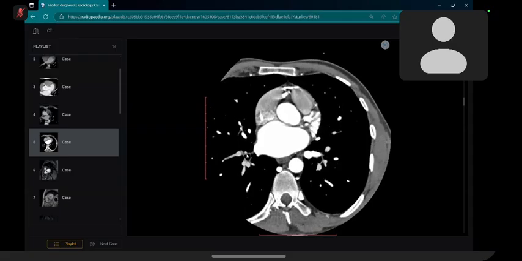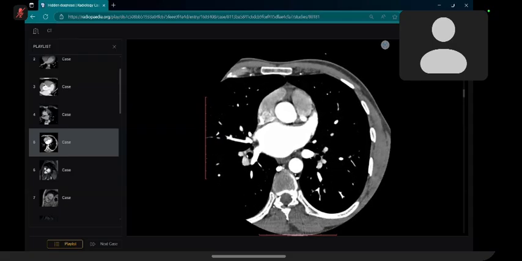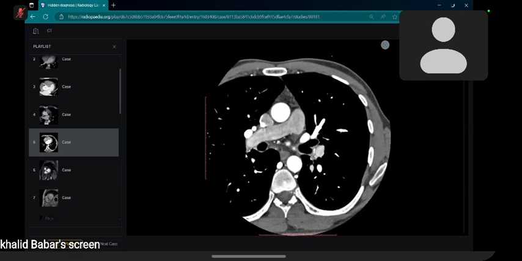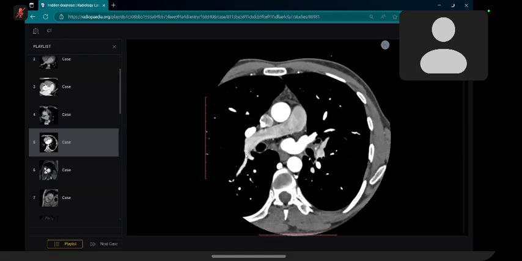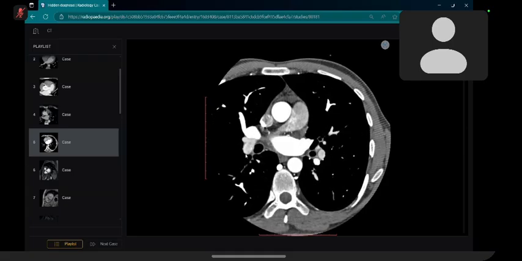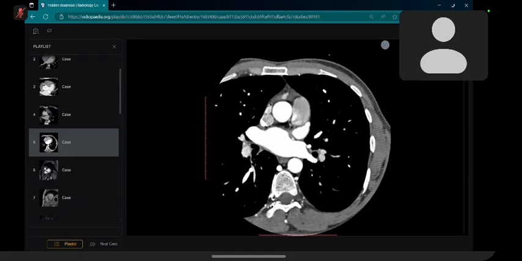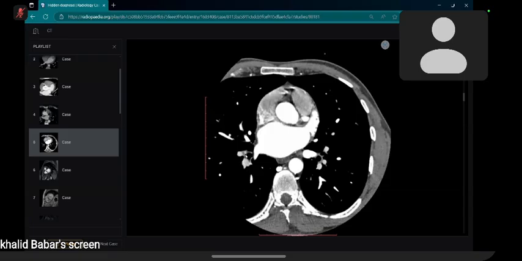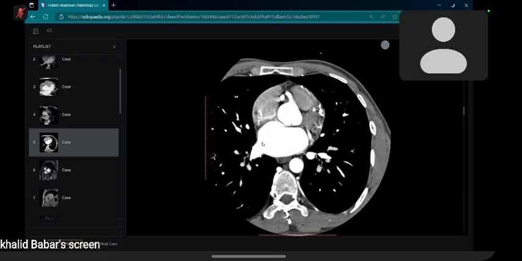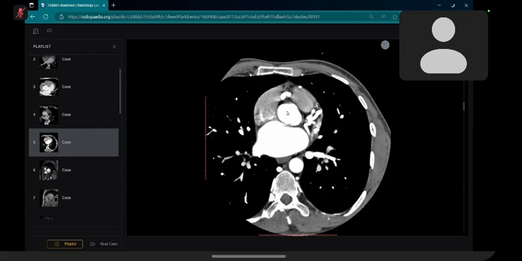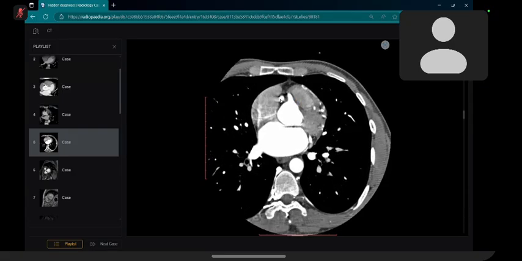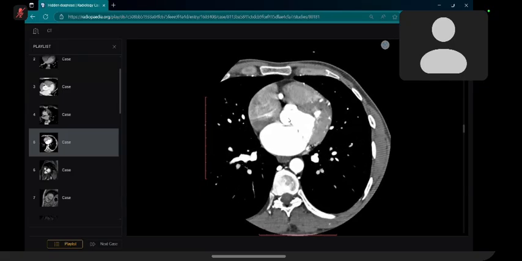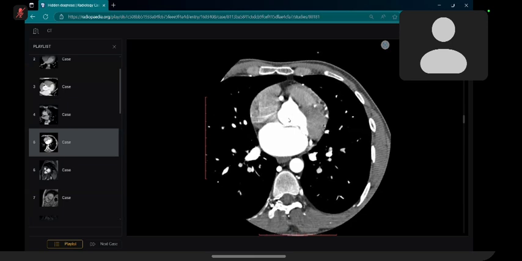Sir, I'm provided with the coned images of CT chest, and I will scroll from top and then go to the bottom. I can appreciate that there is a normal opacification of the left atrium and pulmonary trunk, and then the right coronary artery is arising anteriorly from the anterior cusp.